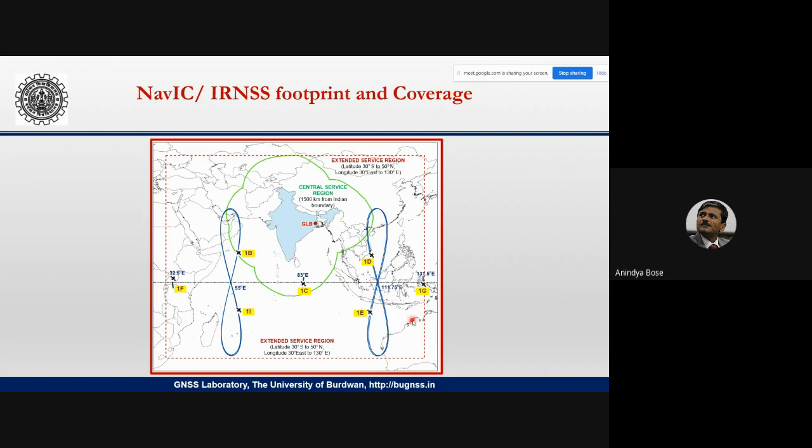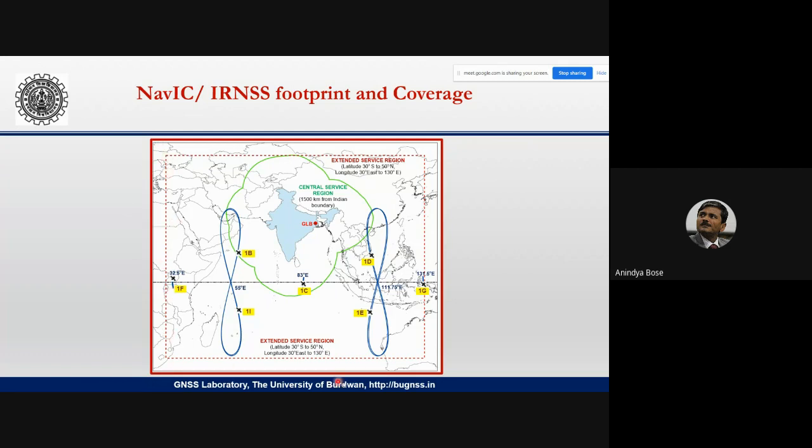The primary coverage area planned is 1,500 kilometers from the geographical boundary of India. This is the central or primary service region, and the extended service region.